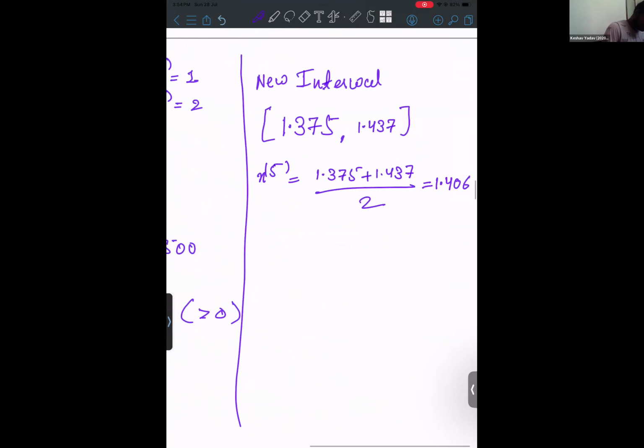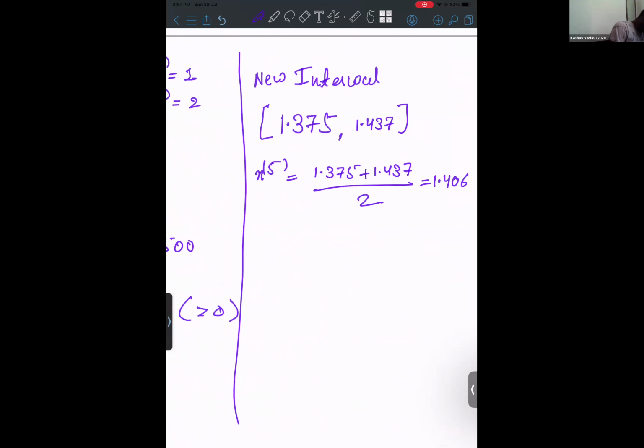This is square minus 2 if we find. So the function value at x at fifth iteration will be minus 0.023. So this value will be replaced, the minus one. So the new interval will be 1.406 comma 1.437.